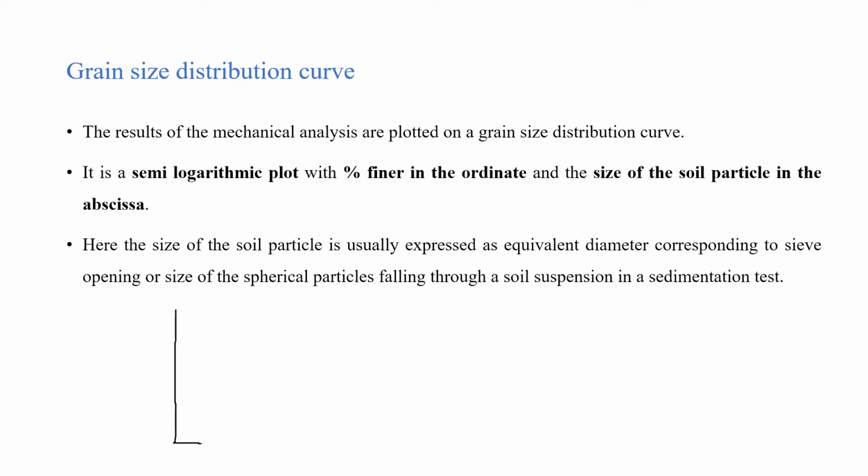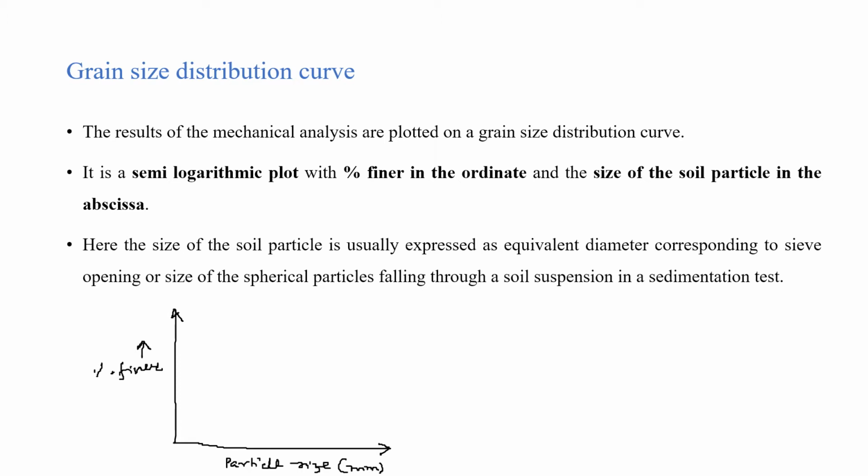It has the x-axis, or abscissa, representing the particle size in, suppose, millimeter, and the percent finer on the y-axis. The y-axis, or ordinate, represents an arithmetic scale, whereas the particle size is represented in a log scale.